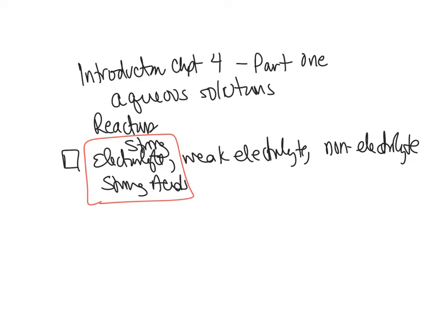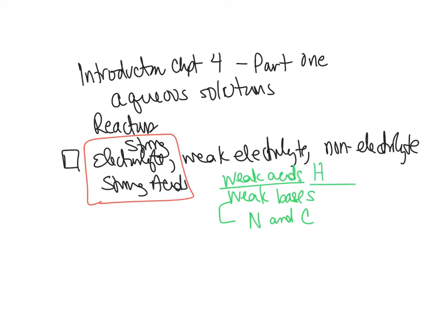And then weak electrolytes will be weak acids and also weak bases. And the way you recognize the weak bases is they contain a nitrogen and often a carbon. So the nitrogen's with the carbon. The way you recognize weak acids, they start with a hydrogen in their chemical formula, but they are not one of the strong acids that you memorize.